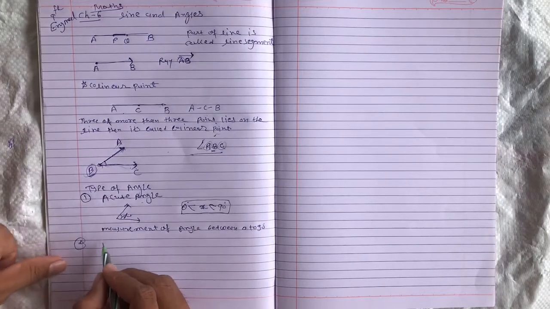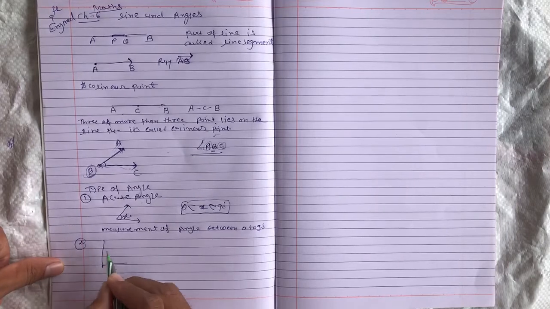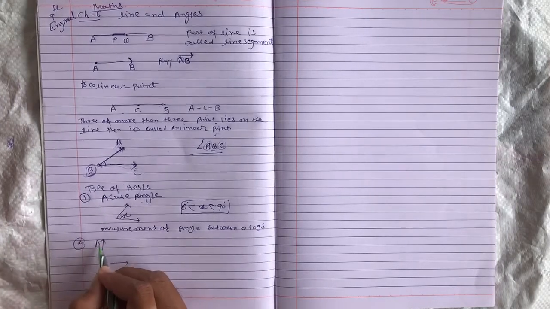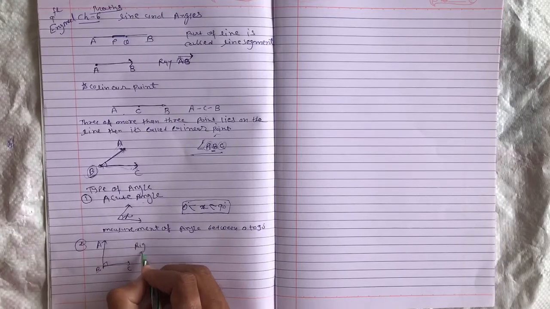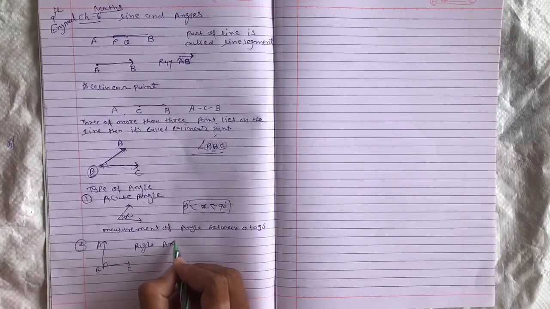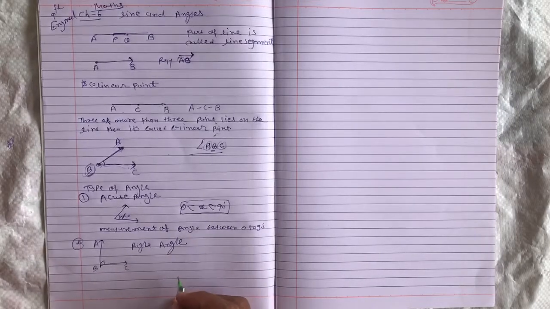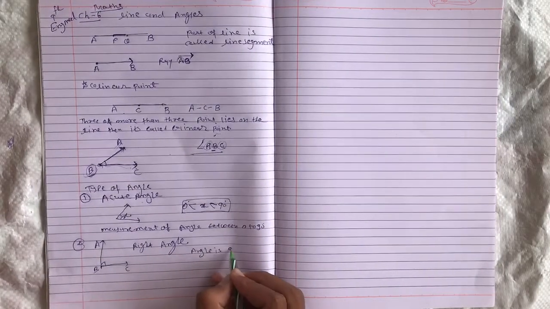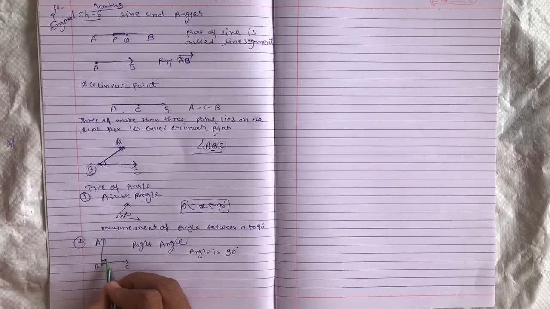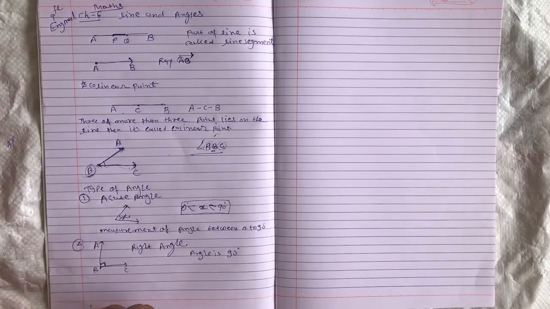Now right angle triangle ABC. The second type is right angle. It means the angle is 90 degrees and the symbol is this, so it is represented as a right angle.